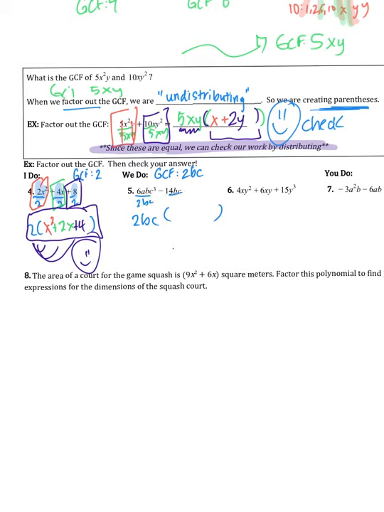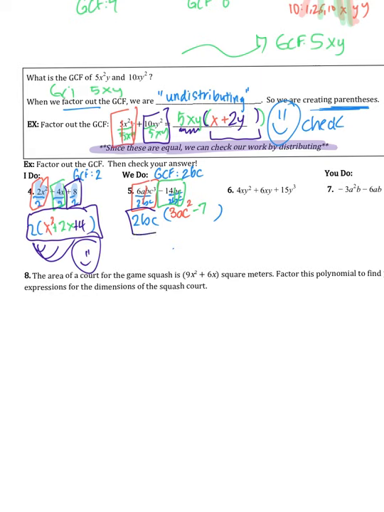And what's going to go inside the parentheses that I'm creating is what I get when I actually divide out 2bc from each term. So 6 divided by 2 is 3. There's an a that's not dividing out. The b's are dividing out. And one of the c's divides out, which gives me c squared. When I look at negative 14, so this is going to be a minus, 14 divided by 2 is 7, and both the b and the c are going to divide out.